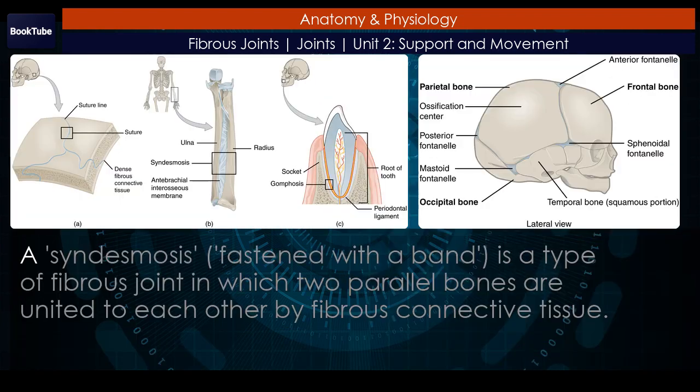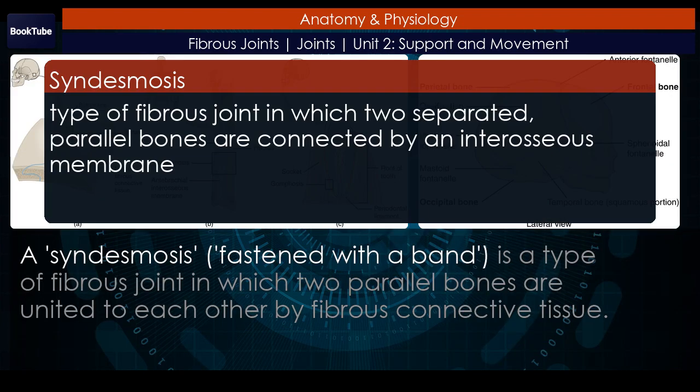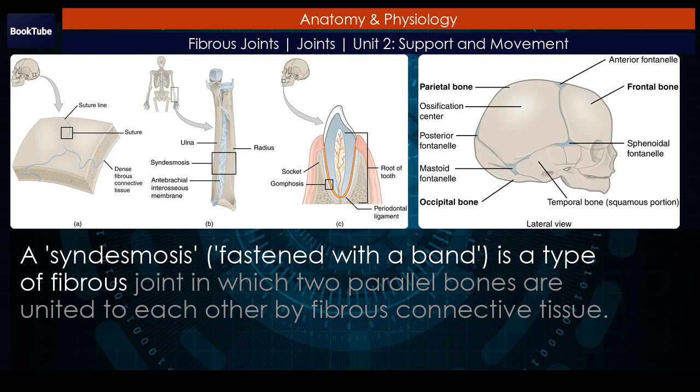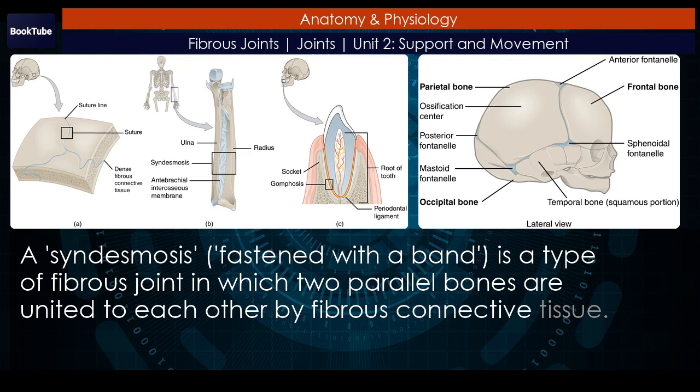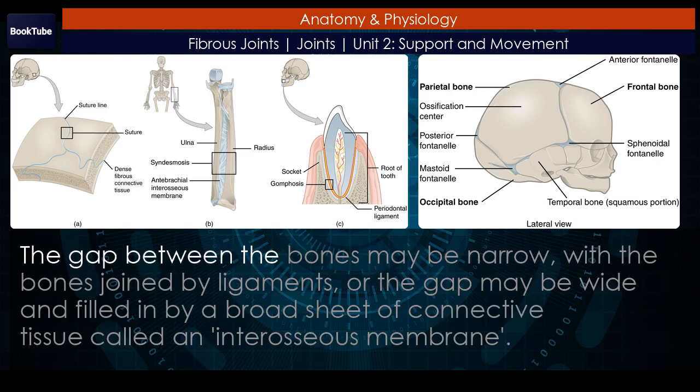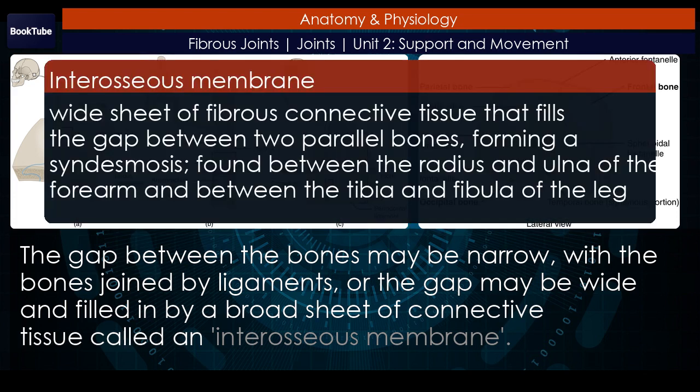Syndesmosis. A syndesmosis, fastened with a band, is a type of fibrous joint in which two parallel bones are united to each other by fibrous connective tissue. The gap between the bones may be narrow, with the bones joined by ligaments, or the gap may be wide and filled in by a broad sheet of connective tissue called an interosseous membrane.